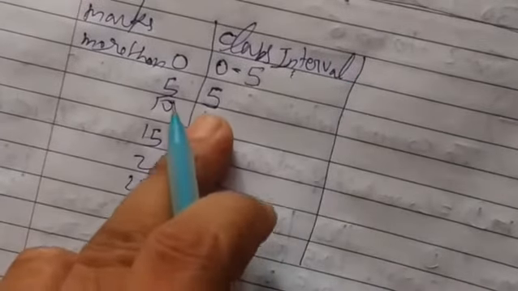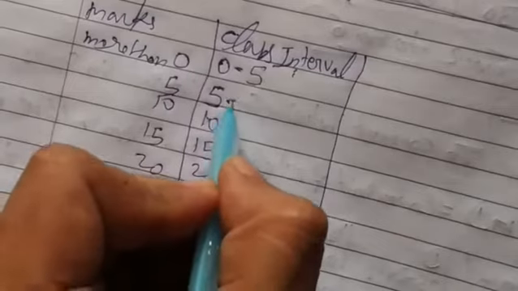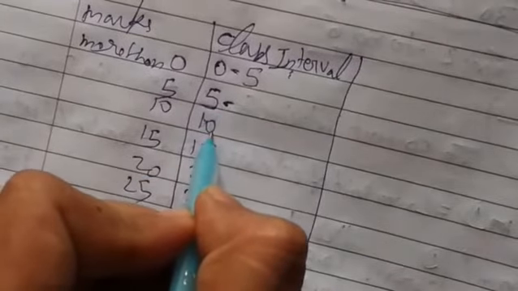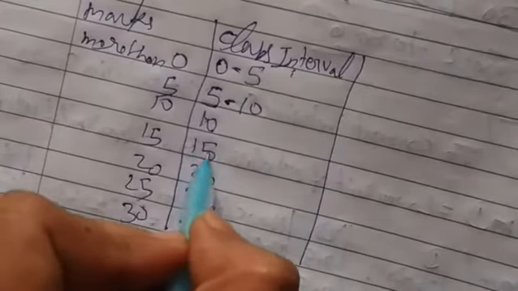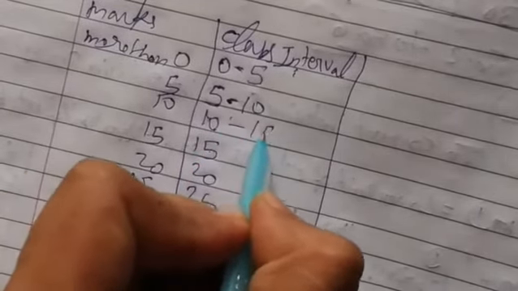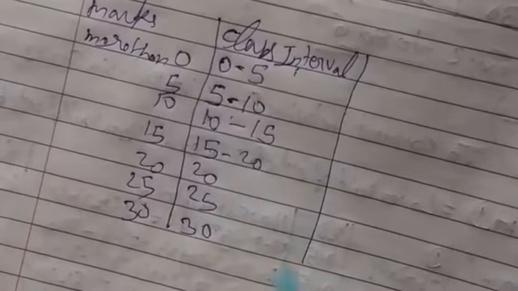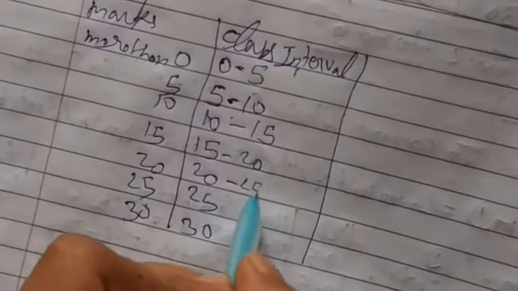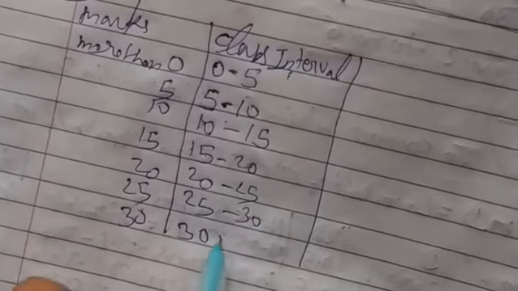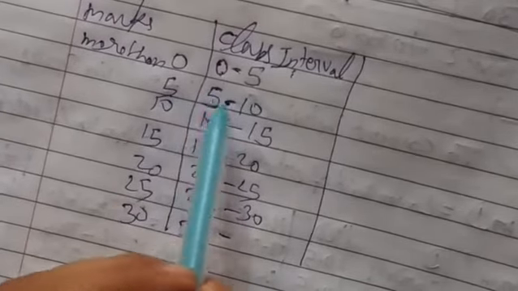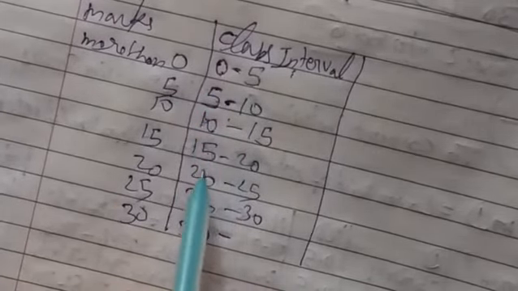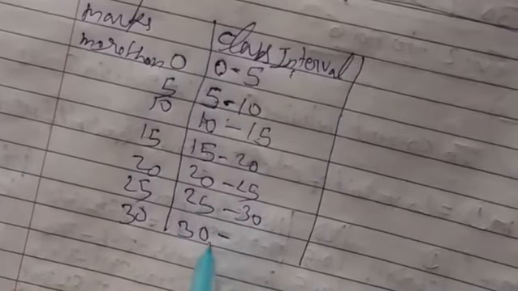In the same way, it is starting from 10, so we cannot take more than 10. It is starting from 15, so we cannot take more than 15. It is starting from 20, so we cannot take here more than 20. In the same way, 25, 30. Now here, what you see is that these all have a difference of 5. So here again we will take the difference of 5.